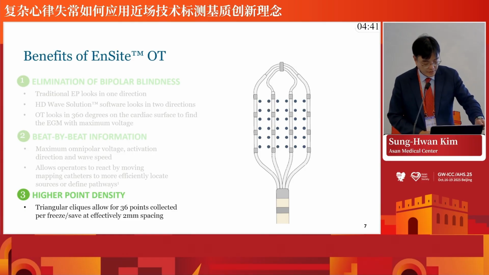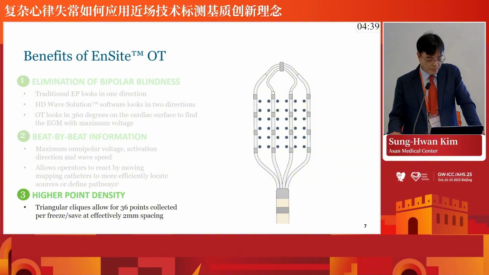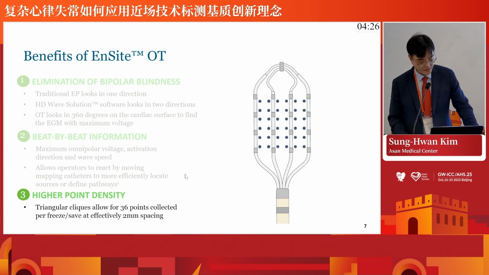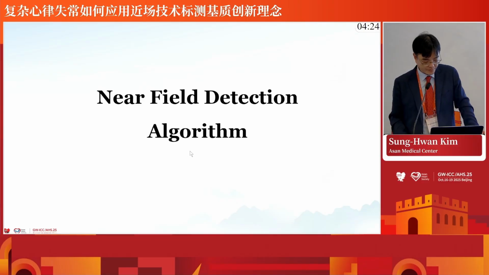We can get more points, or higher point density, with omnipolar technology. A triangular clique allows for 36 points collected for just one freeze, effectively at 2 millimeter spacing.